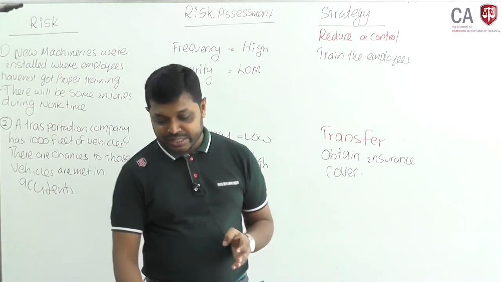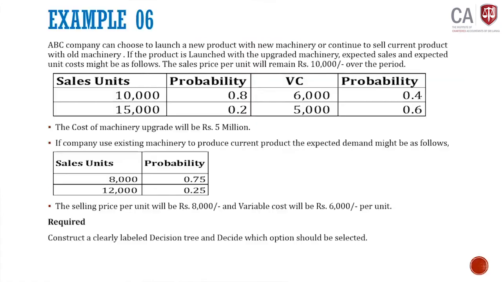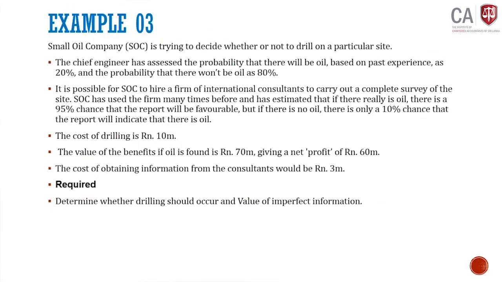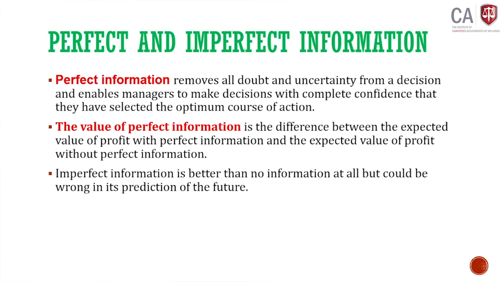As I mentioned at the inception, we have looked at what perfect information and imperfect information are, the value of perfect information, the downside risk, the risk management strategies, how to use the TARA model, how to identify the risk associated with a project, and finally how to use the risk management framework, that means the TARA model, in a practical scenario.